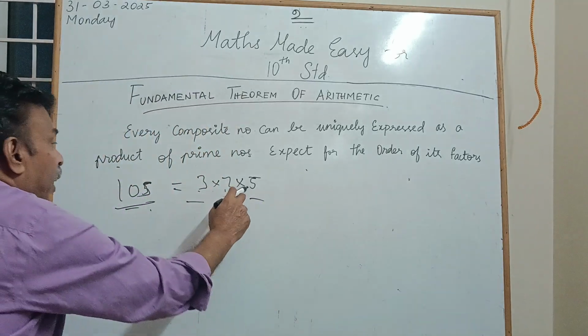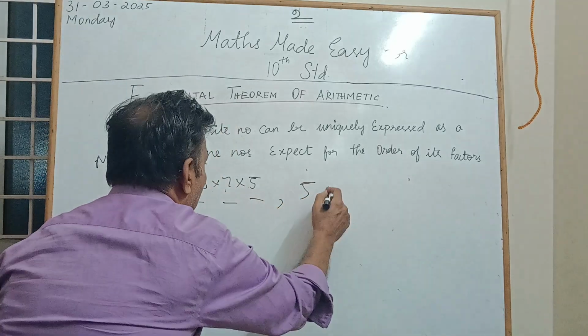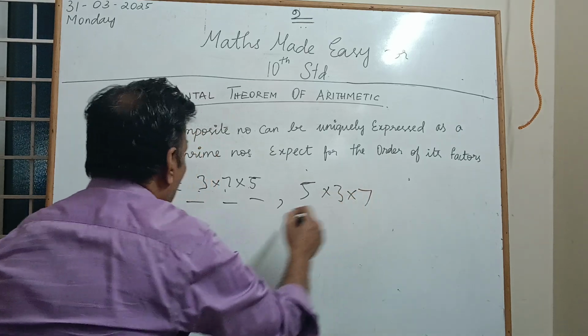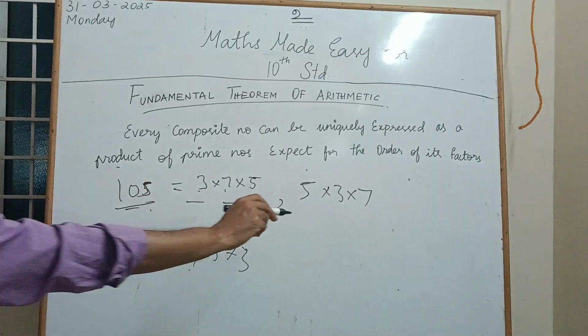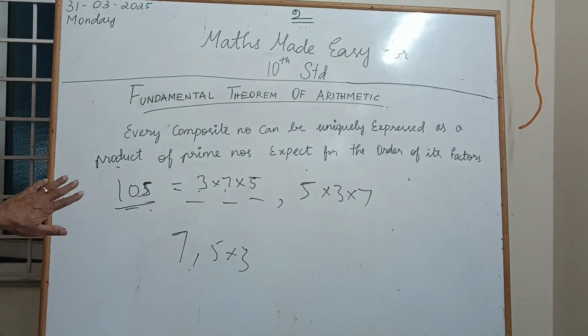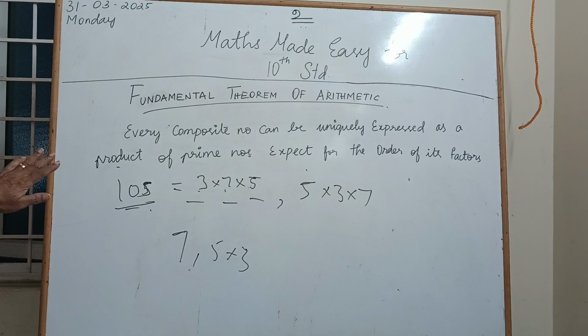So this 3 7 5 can be written as 5, 3, 7 or 7, 5, 3, any way you can write, but all are the same. That is what it explains. If you see a book on mathematics on the CBSE syllabus, this is exactly what is written about the fundamental theorem of arithmetic. So now we have a clear understanding of what a prime number is, what a composite number is, and how a composite number is made up of prime numbers.